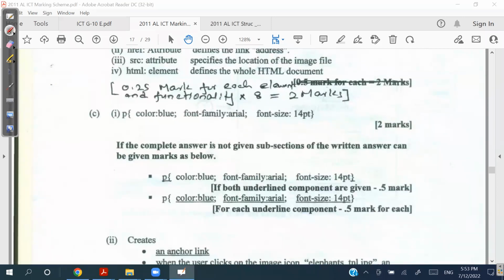So see, this should be there. Right, so color colon blue semicolon font dash family colon Arial semicolon font dash size colon 14 pt. Right, so those should be there. They do not have an order. You can have font family earlier, color later, then font size, but it should be in this format.